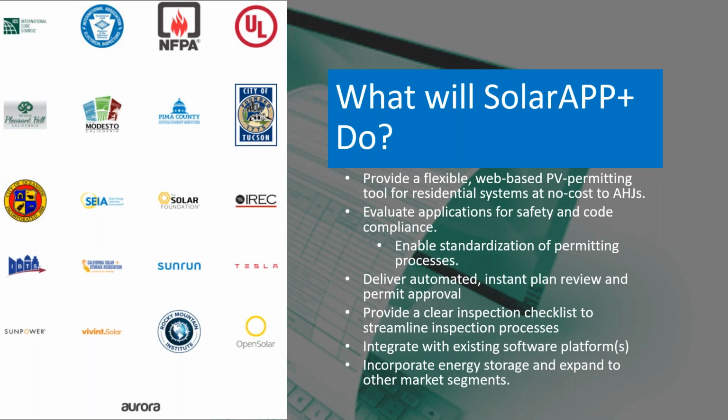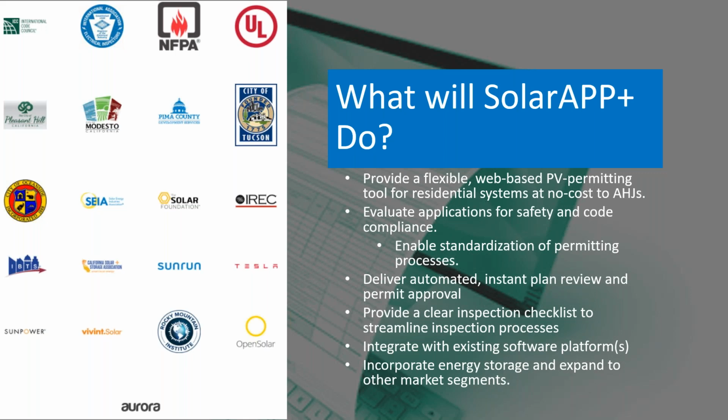So how does SolarAPP actually do any of that stuff? Ultimately, it's an online web-based permitting tool. It's offered at no cost to jurisdictions. In contrast, contractors pay $25 per permitted system that goes through SolarAPP to maintain the product going forward.